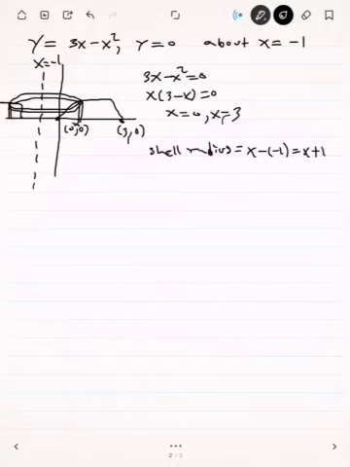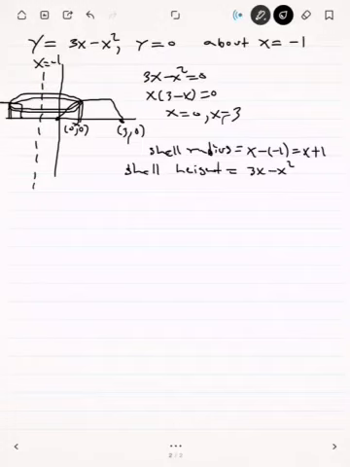It's not just x, this is x plus 1. The height of the shell for this particular example is just the function 3x minus x squared, because it's the height of the cylinder, which you can think of as a can, green beans can or something like that.